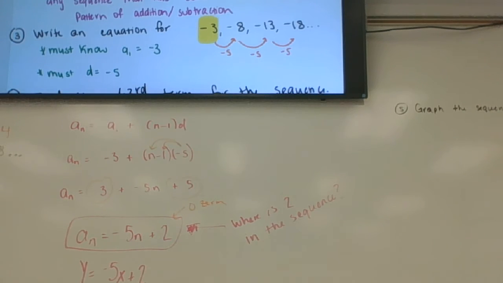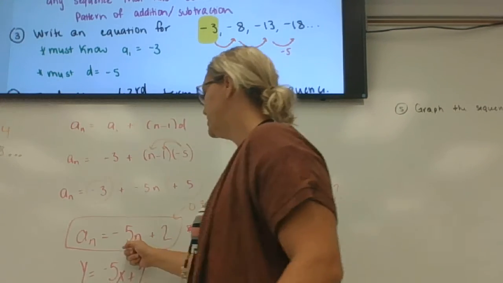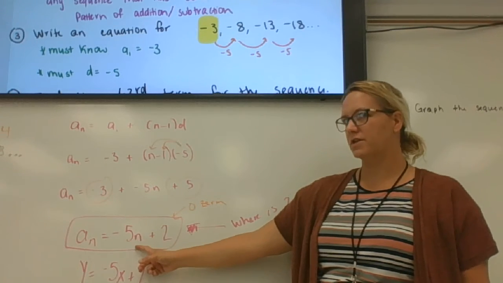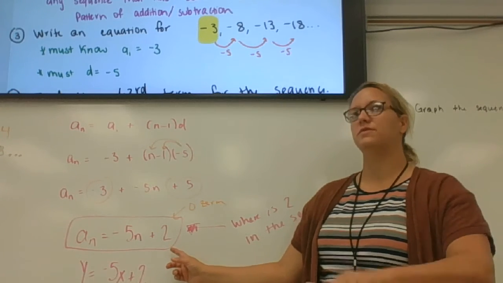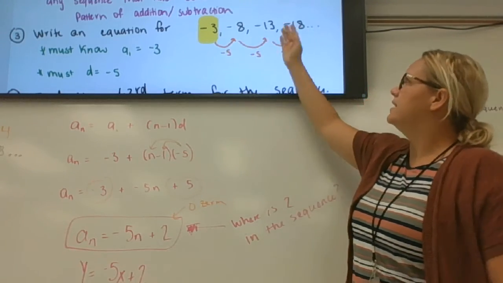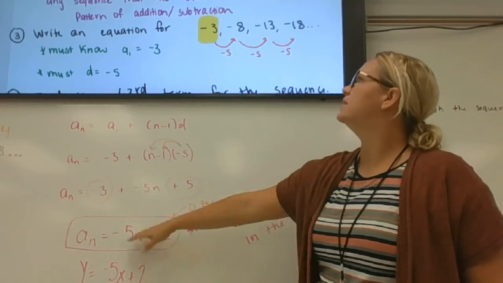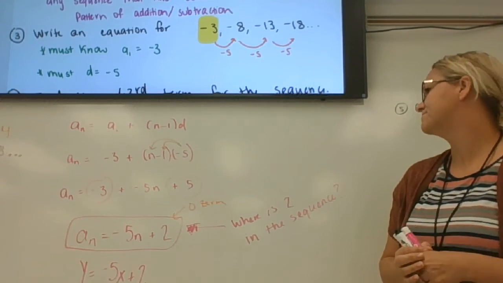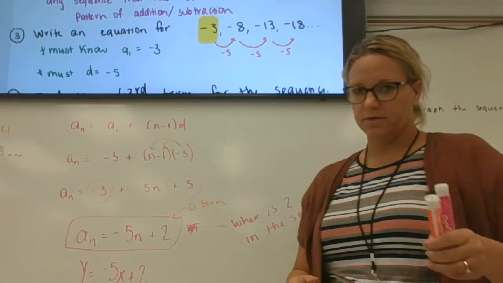It's if the list started at 0, what it would be. Okay? And that makes sense when you think about the math. If you were to plug 0 in for n, you would get -5 times 0, 0 plus 2 is 2, right? So anytime you put the number that it is in the list here, you get that value out, including the 0 term. All right, let's use the formula.